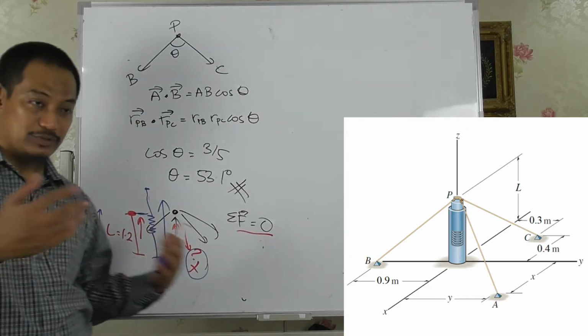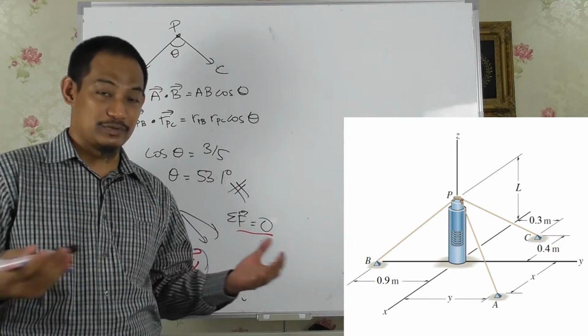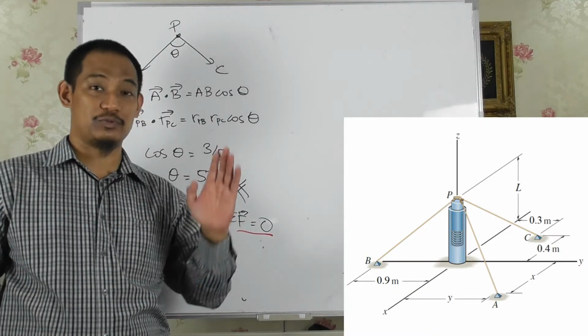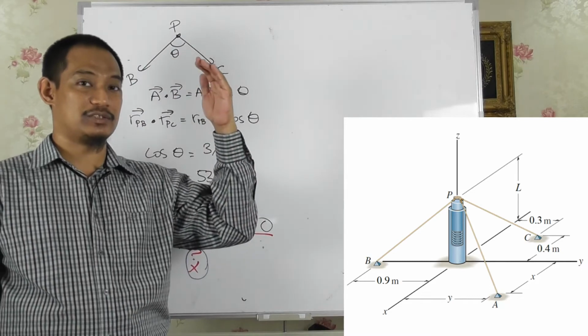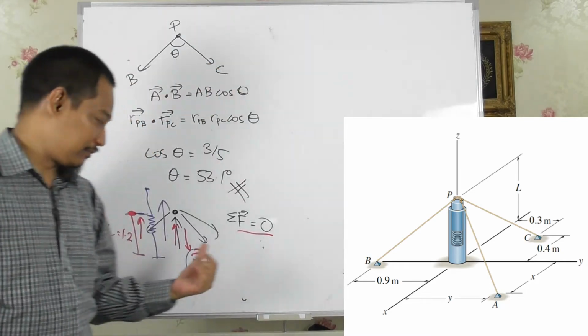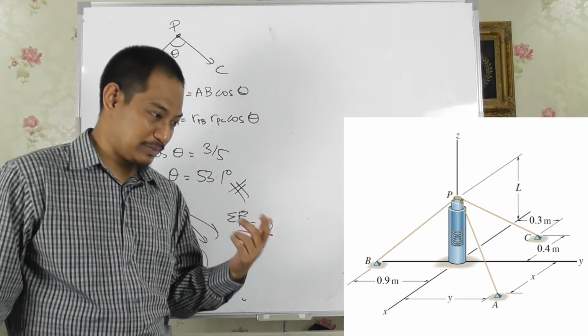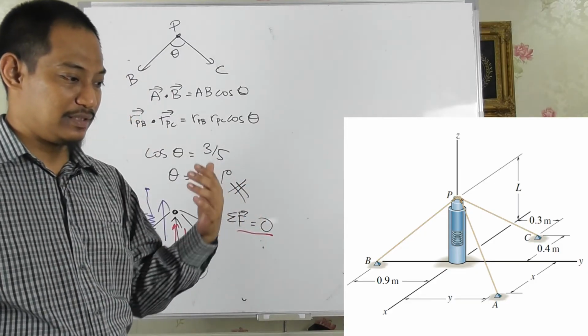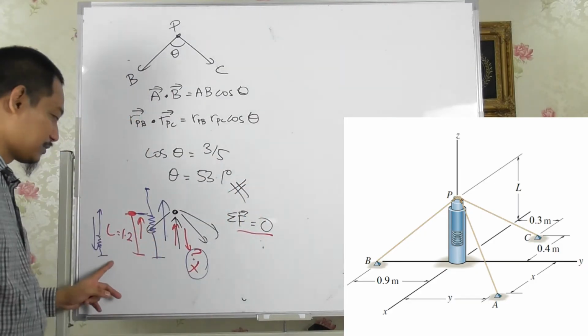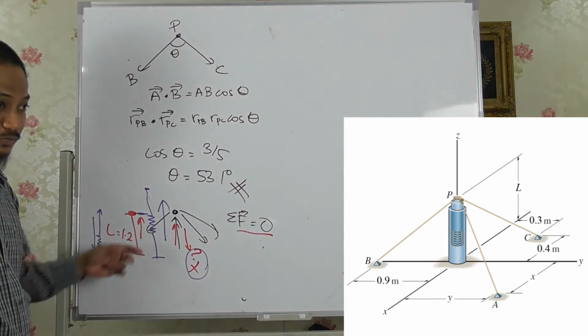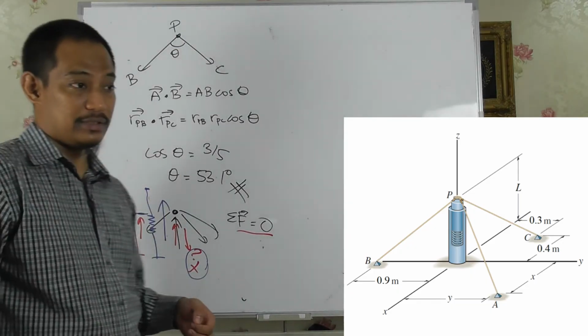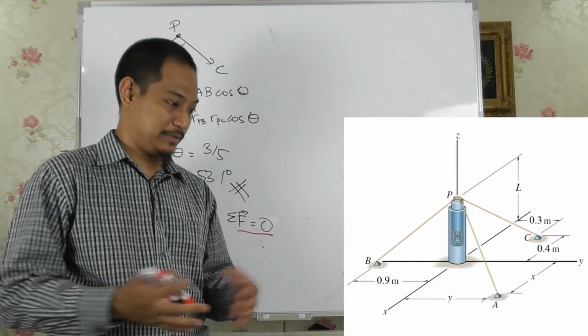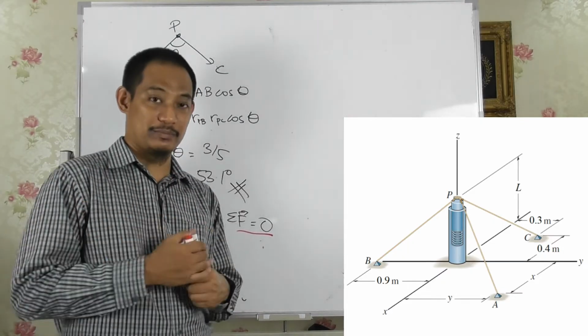Yes, that's the only logical explanation, because the force should go up and the original length should be longer. But for part D, is it possible for the spring to have original length less than L? Not possible, because in that case the force will be going down and equilibrium will not be achieved. So that's basically question number 3.